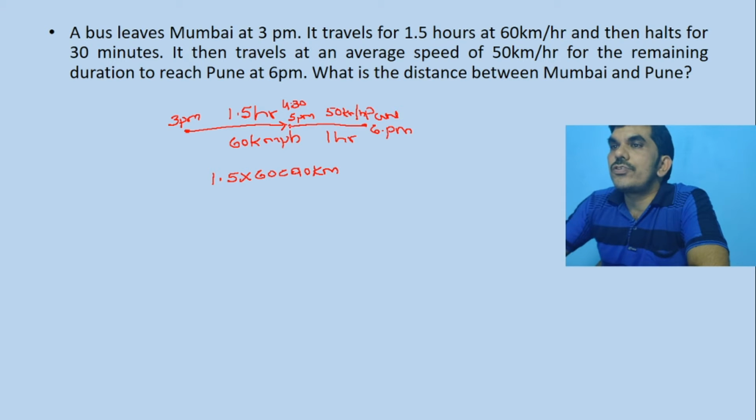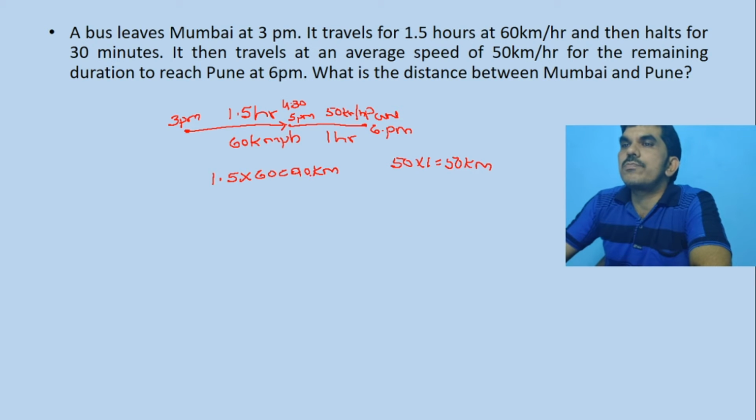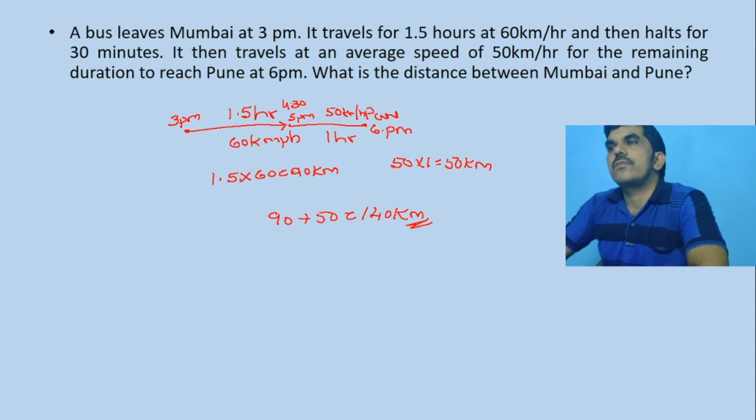So what is the distance traveled in this? It is 50 into 1 hour. Duration is 1, time is 1. So it is 50 km. So what is the total distance between Pune and Mumbai? 90 plus 50 equal to 140 kilometers. Okay.